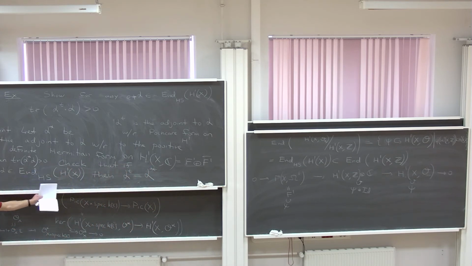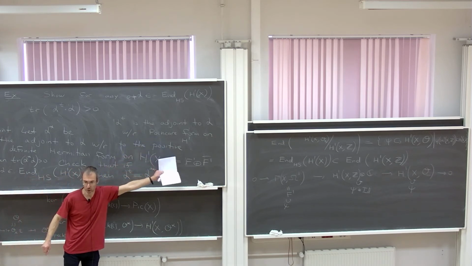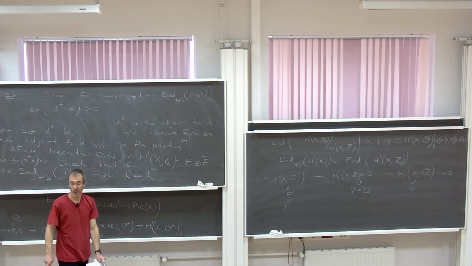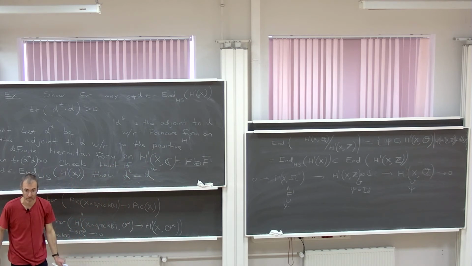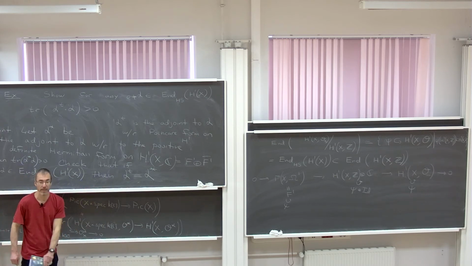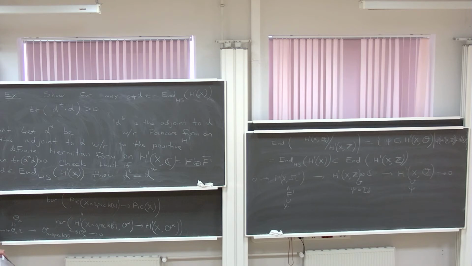So the adjoint with respect to this positive Hermitian form coincides with the adjoint with respect to the skew-symmetric form. Okay? So this is positive for every alpha, and for alpha here, alpha star coincides with alpha t. So a hint why it happened, right?